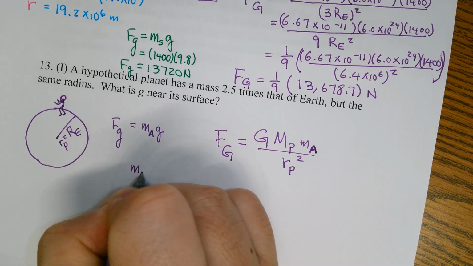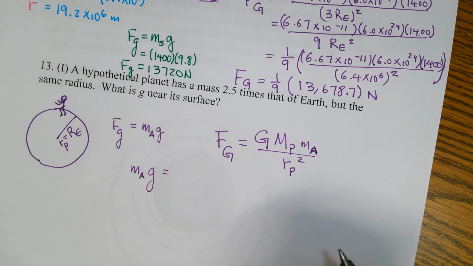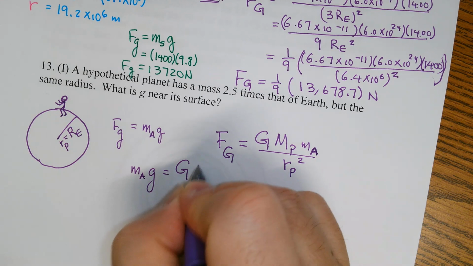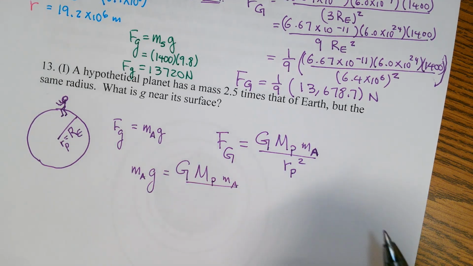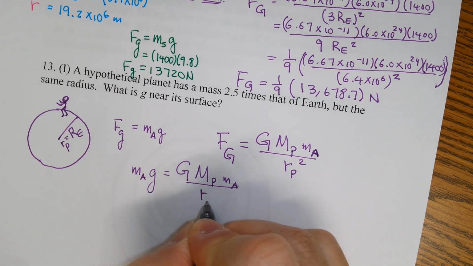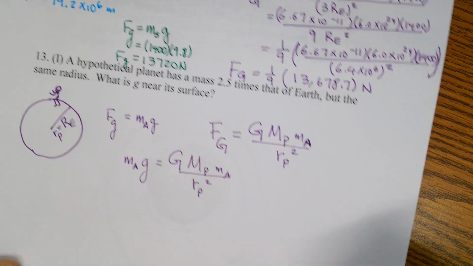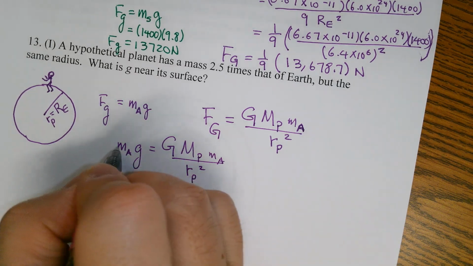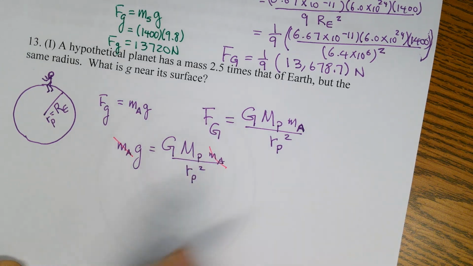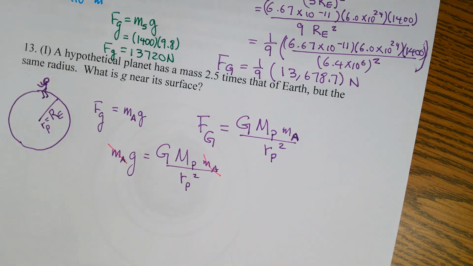So the mass of Aiden times g must equal G times the mass of the planet times the mass of Aiden, divided by the radius of the planet squared. Well, look what happens to the mass of Aiden. Boom, boom. Her Gucci spacesuit doesn't matter.